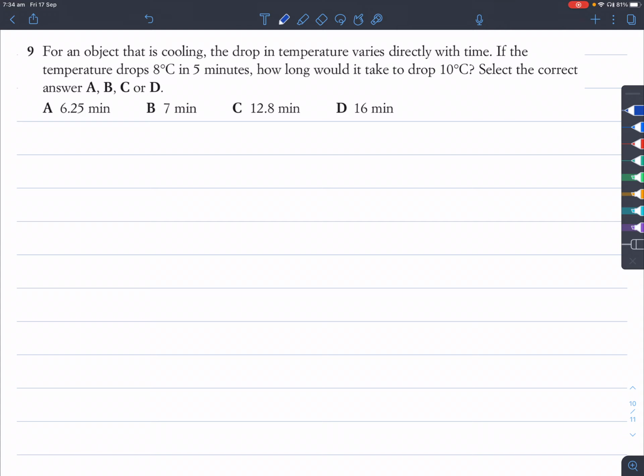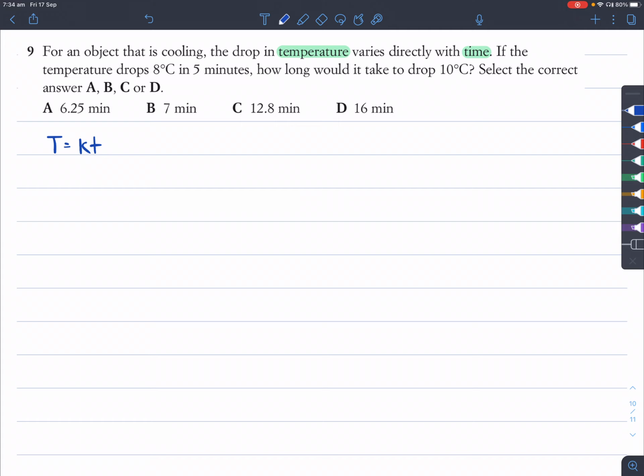So let's look at the two quantities. They are temperature and time, right? So temperature is usually used with capital T. So capital T is directly proportional, which means we write K times lowercase t.